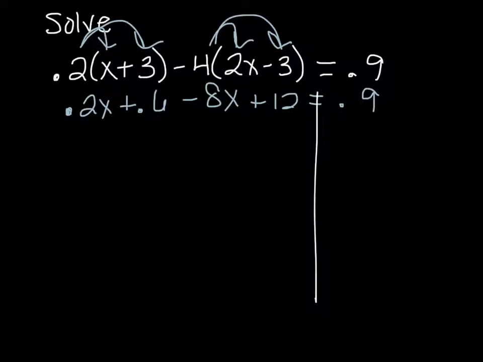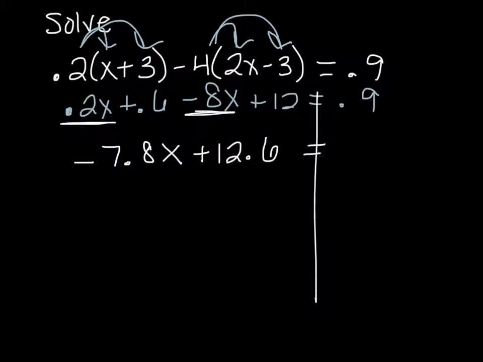So I'm going to draw the line down my equal sign. And let's combine like terms. So let's start by adding my x terms together. So 0.2 minus 8 is negative 7.8x. 0.6 plus 12 is positive 12.6. And that equals 0.9.